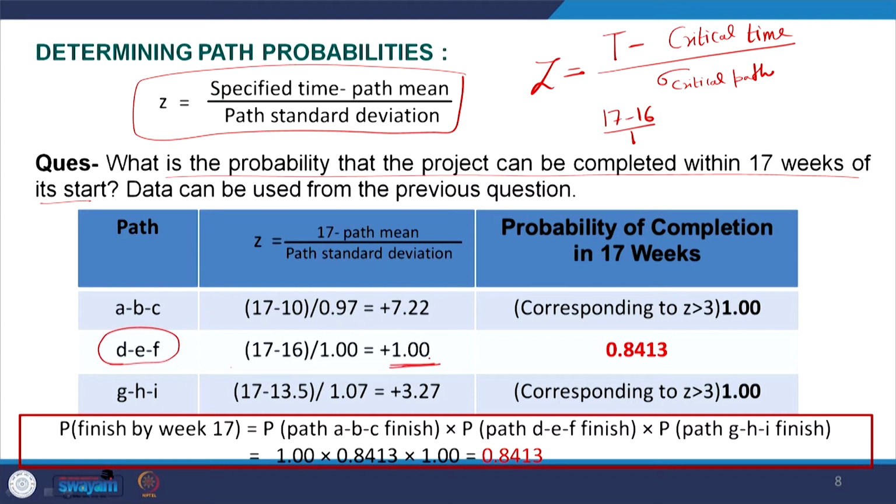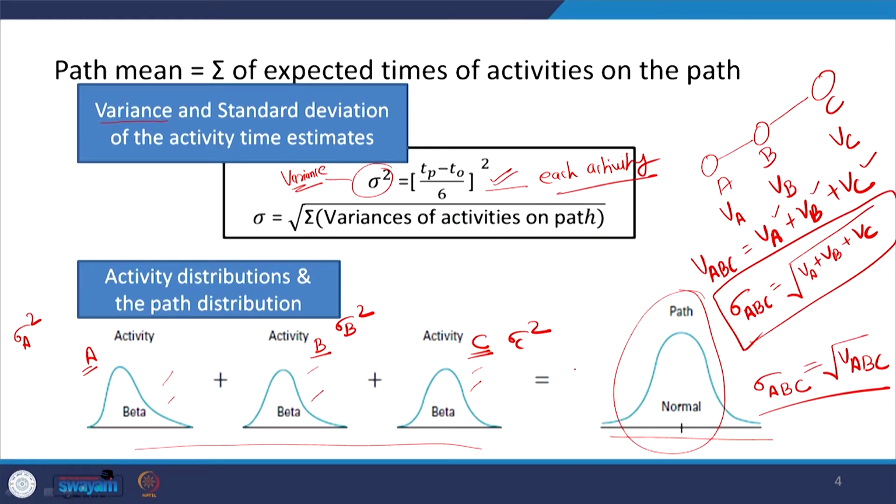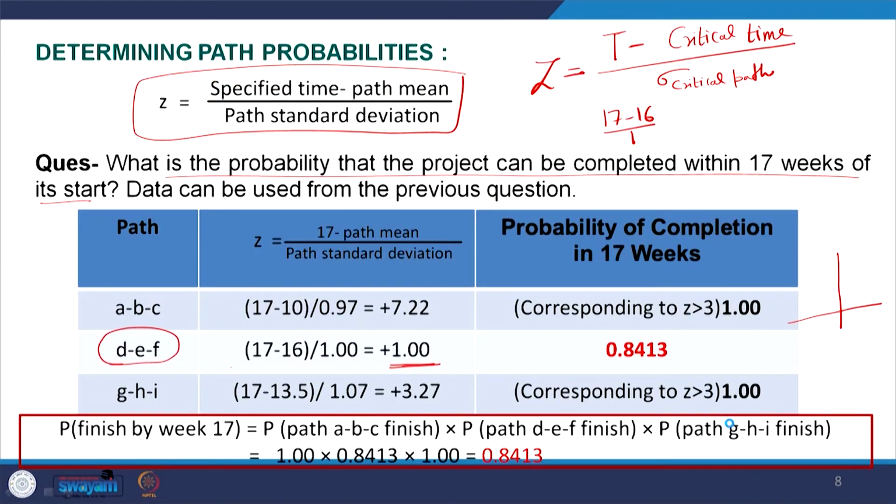Now, this value of Z being 1 is a very good indicator. We discussed in one of the slides earlier that the time completion of your path can be represented by a normal distribution, where 16 is the mean value, and the probability of completing the project in 16 weeks is just 50%.